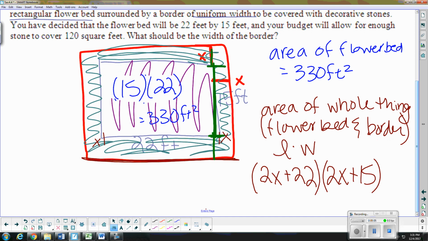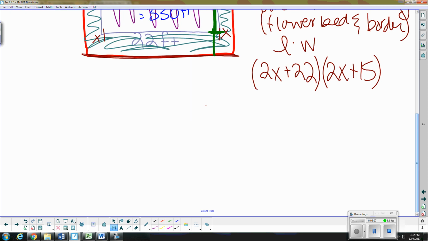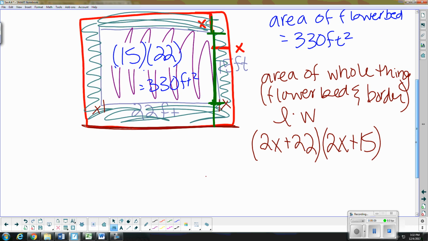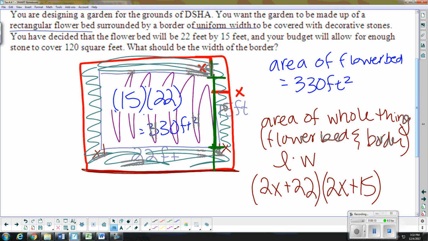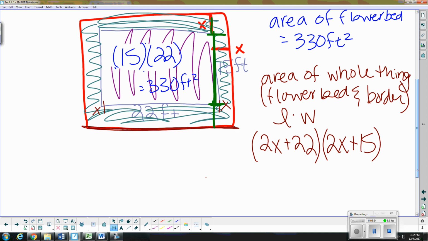Now, what I really care about is just the width of the border, because I have a budget for 120 square feet of stones that are only going around my border. So how do I find that area of the border? I'm going to take the area of the whole thing minus the area of the flower bed.